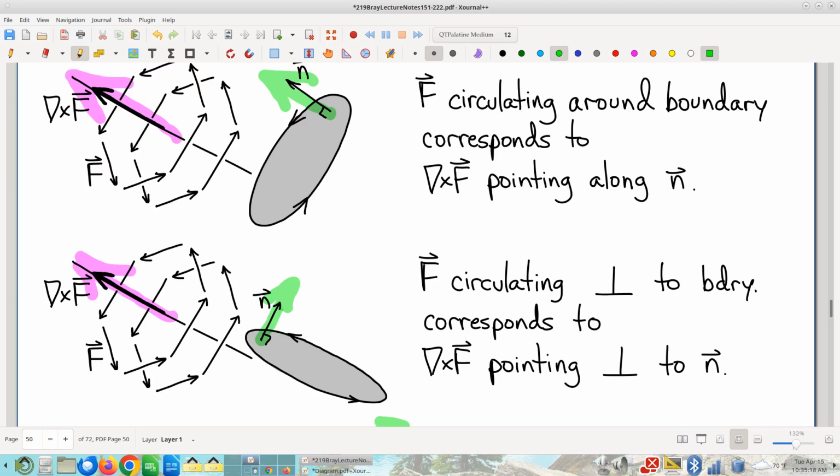As I go around the curve, is the rotation along the curve if the curve is doing this while the fluid is doing that? No, they're totally different directions. This rotation of the fluid just doesn't line up with this rotation of the boundary.